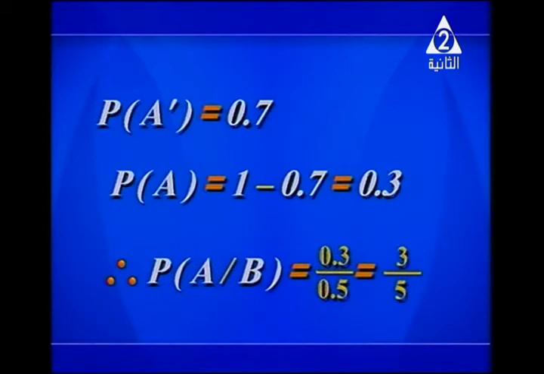Therefore, the probability of A given B equals 0.3 over 0.5. The answer is 3/5.